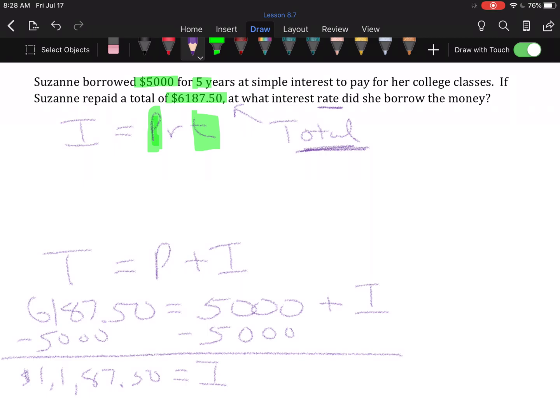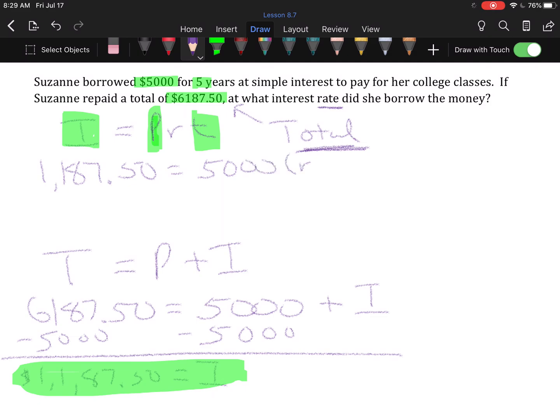Once we figure that out, down here, now we know our interest and we can plug into the formula. So $1,187.50 equals 5,000 times R times 5.